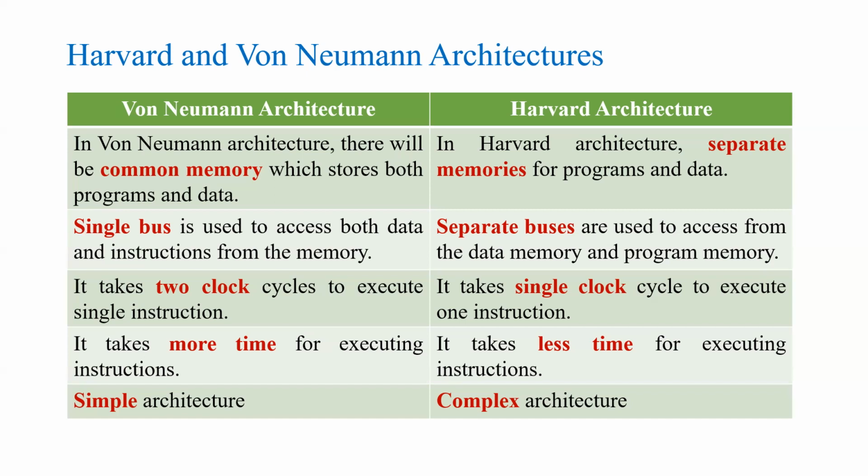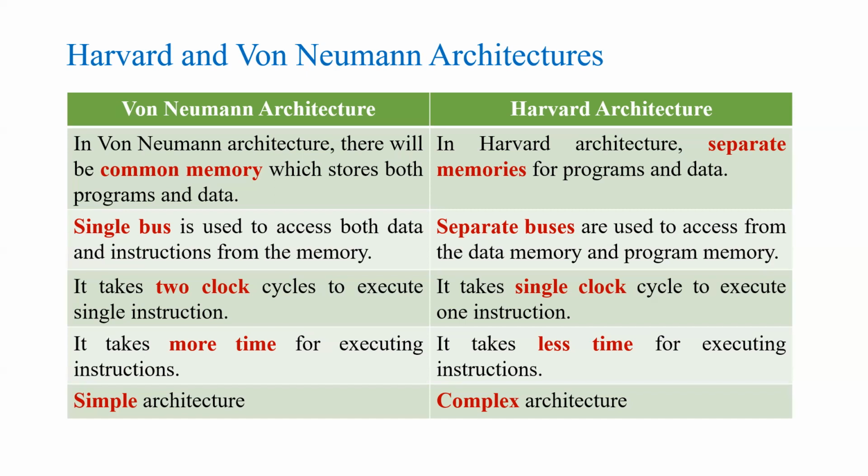But Harvard architecture takes less time for execution of instructions because in a single clock cycle itself, we can access both the data and the instructions by using two separate buses from two separate memories.